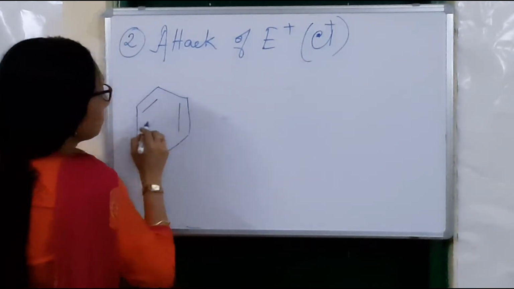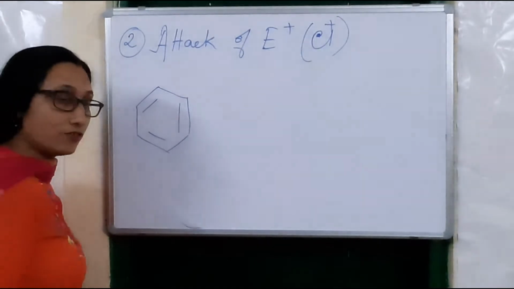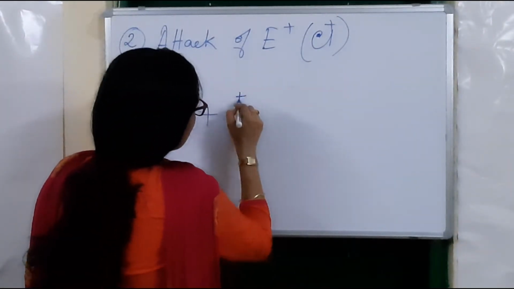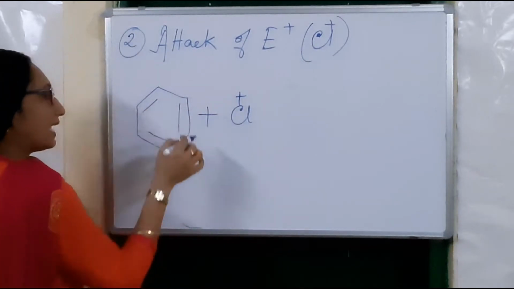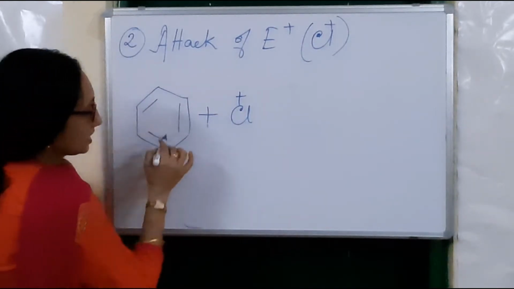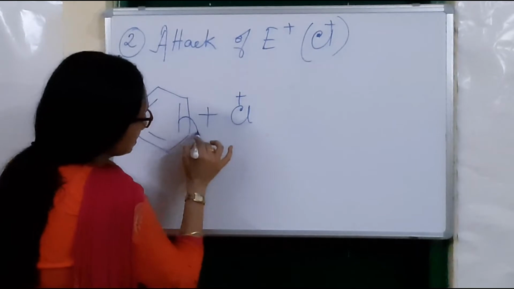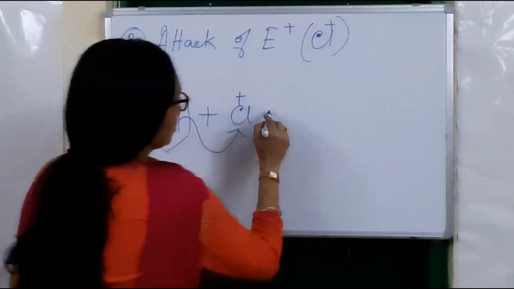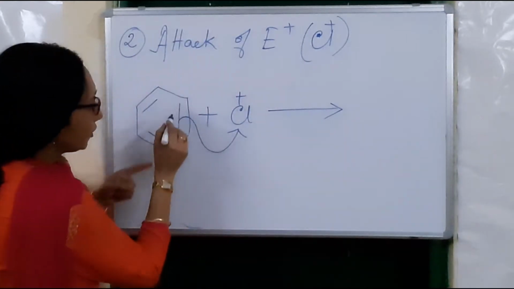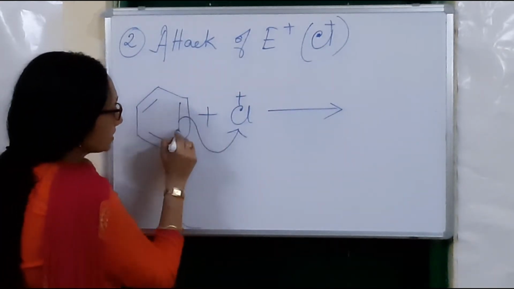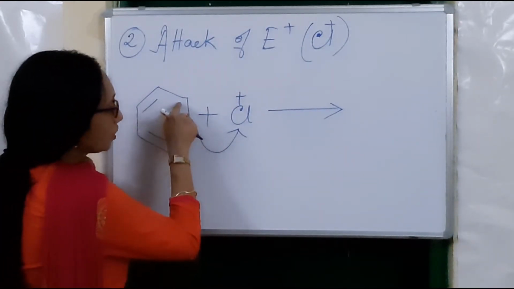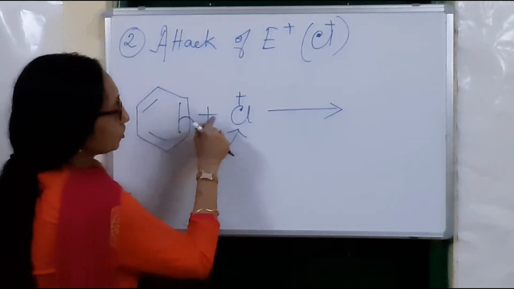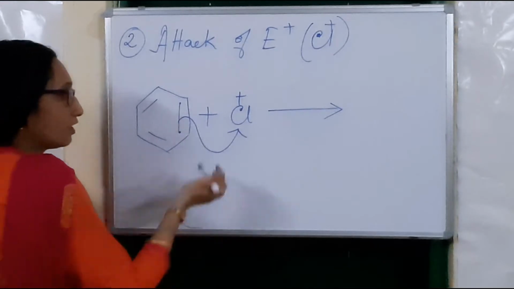Now these are the pi bonds of benzene ring, and here we have Cl plus. So take any pi bond of your choice. So I am taking this pi bond. This will attack this electrophile. So what will happen? Here you have two electrons. So one electron will neutralize the Cl and another electron will help in the formation of bond.